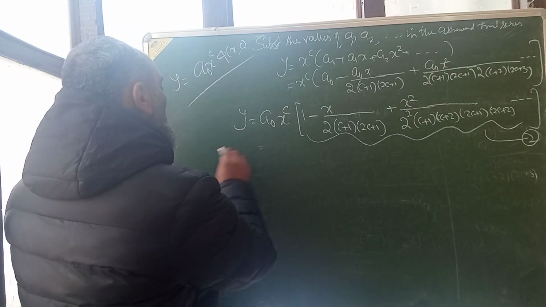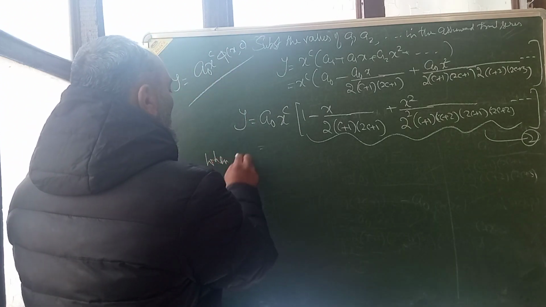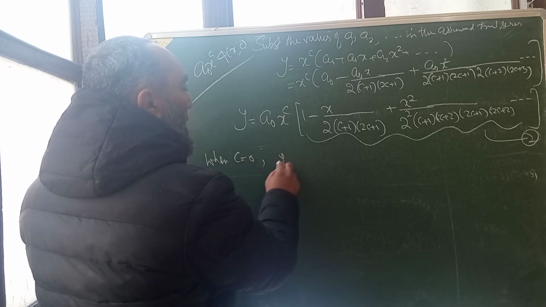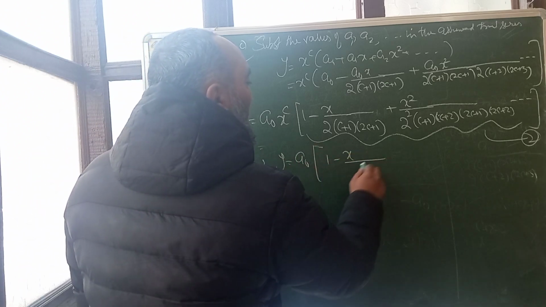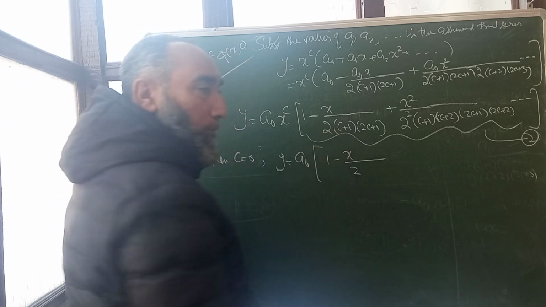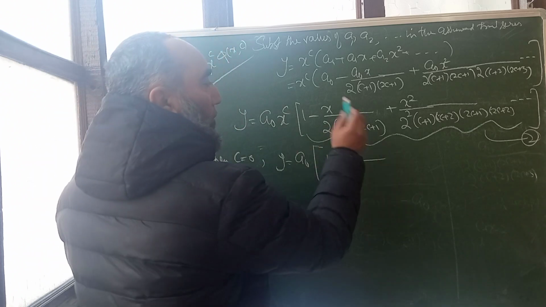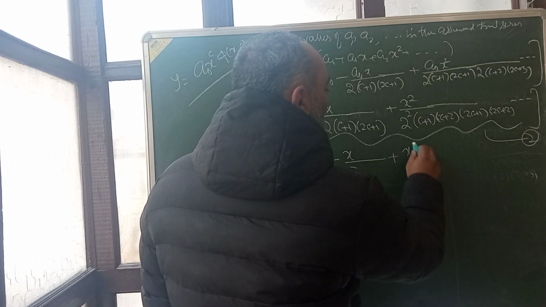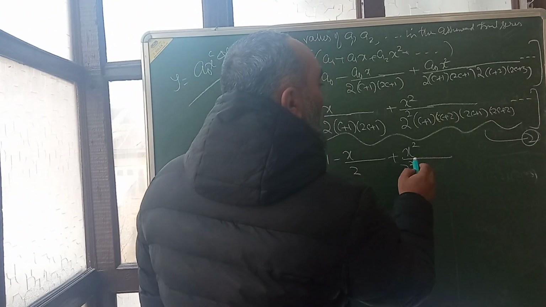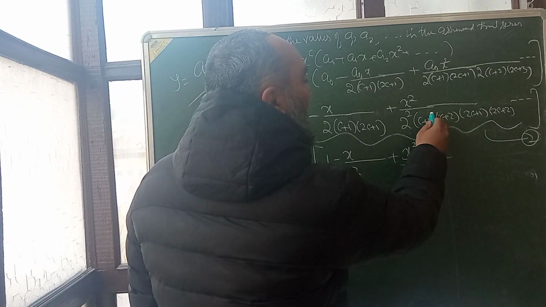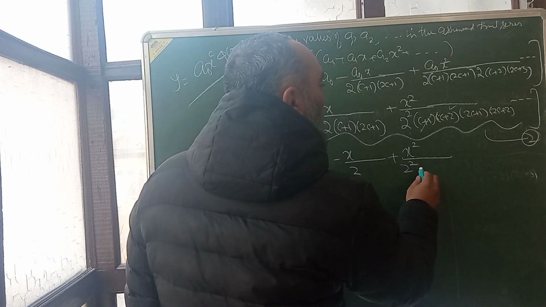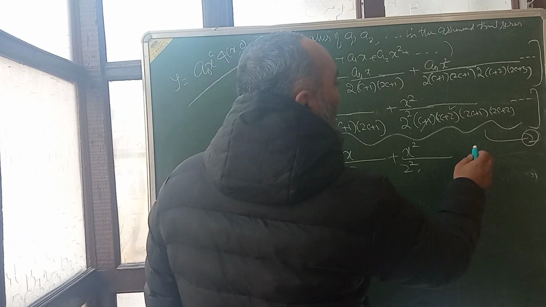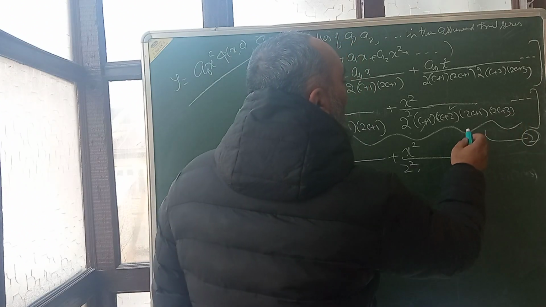When c is equal to 0, your y is a0 times 1 minus x upon 2. C is 0 over here. Then x square upon 2 square. This is 1, this is 2, and 2 square. This is 2c plus 3, okay, 2c plus 1.